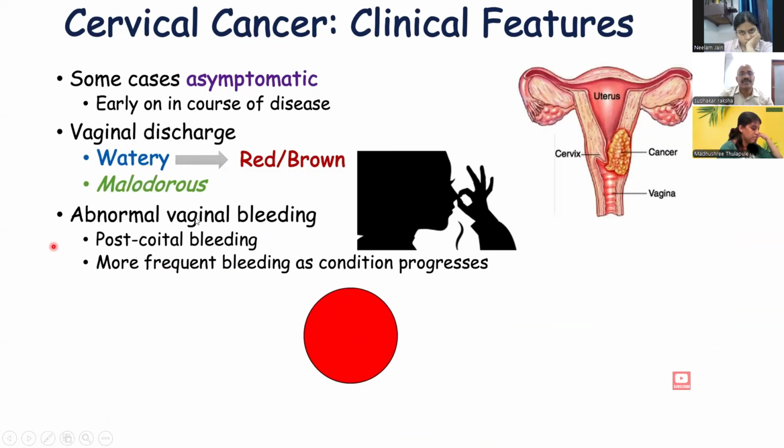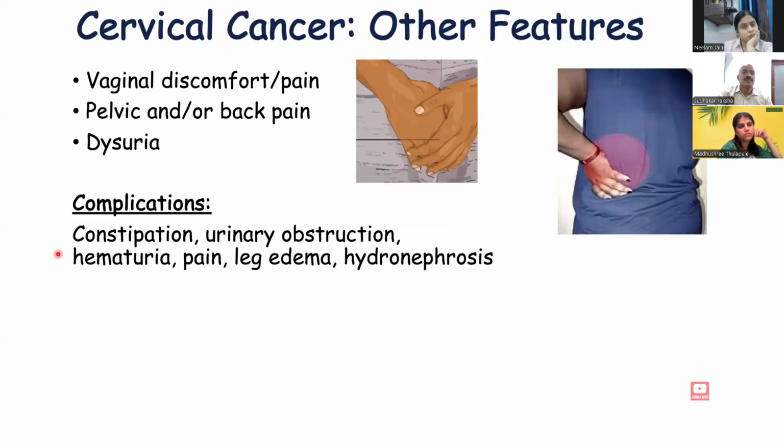So these are the clinical features. When there is a watery discharge, and following that a reddish discharge from the vagina, and during sex there is pain and bleeding. These are all the symptoms of carcinoma cervix. Sometimes they express discomfort in the vagina, low backache, back pain, and pain during urination.